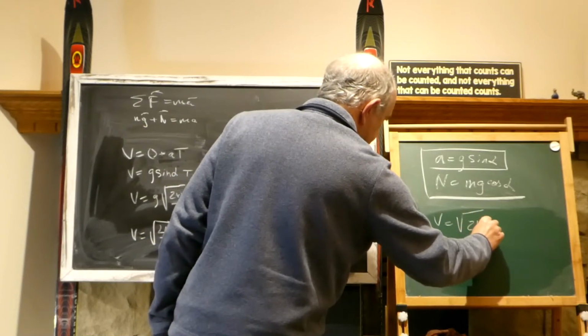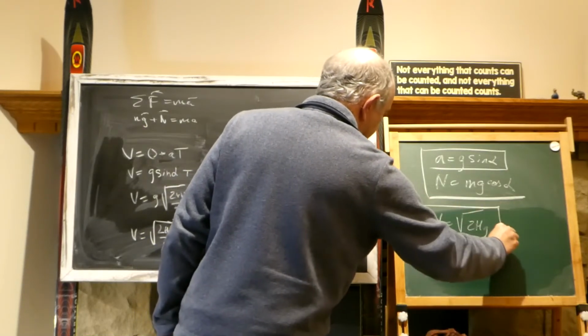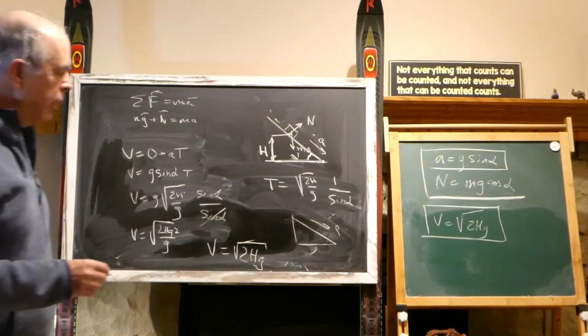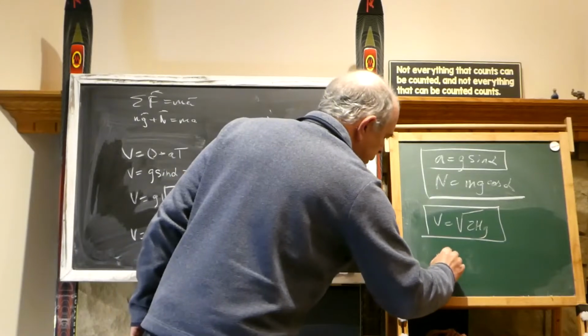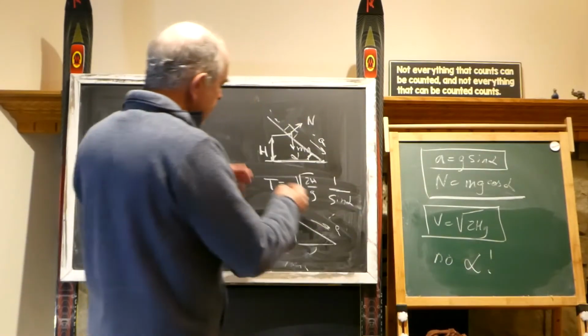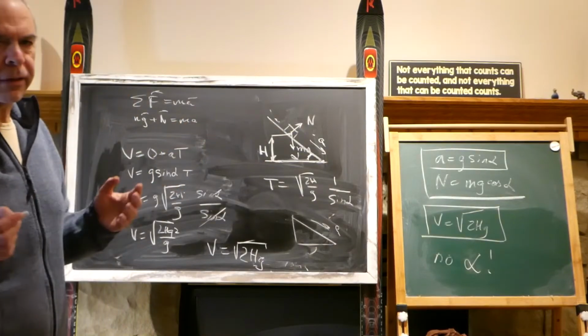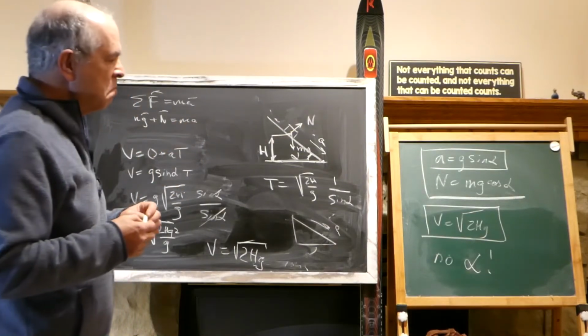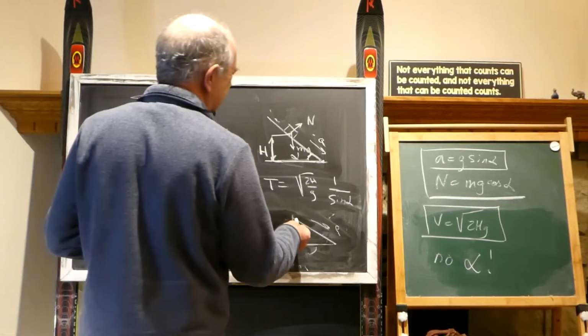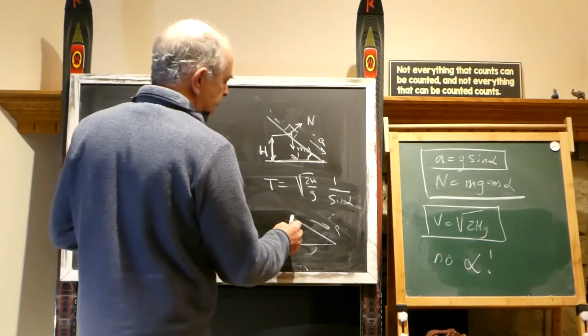And it's all good, and I even put it here. The only question that I have, and I don't have an immediate answer, is that there is no alpha in this formula. No alpha. So it doesn't matter which alpha it is, it's the same speed. And if you think about it, you can kind of understand.